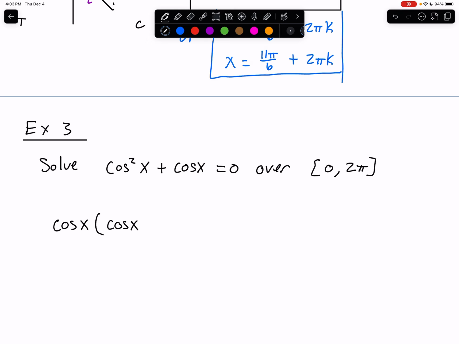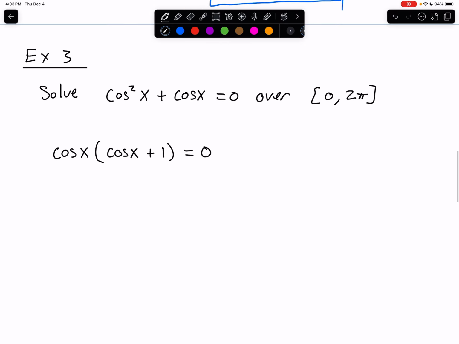When I take cosine out of cosine, I'm left with 1. And if you remember from Algebra 1 and Algebra 2, when you're solving by factoring and you have this product which is equal to 0, you're going to set each part equal to 0 and solve. So I'm going to have two equations: cosine x equals 0, and cosine x plus 1 equals 0.